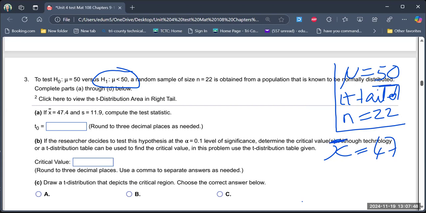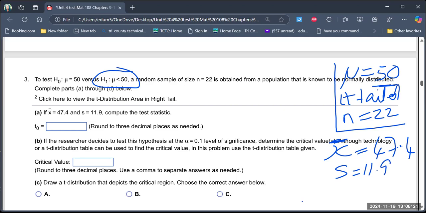Somebody picked up a sample to test another person's hypothesis. The claim, the status quo is 50, but somebody does not agree, so he got a sample of size 22. That's a small sample. And then found that the mean of the sample is 47.4, and also found that the standard deviation of that sample is 11.9.